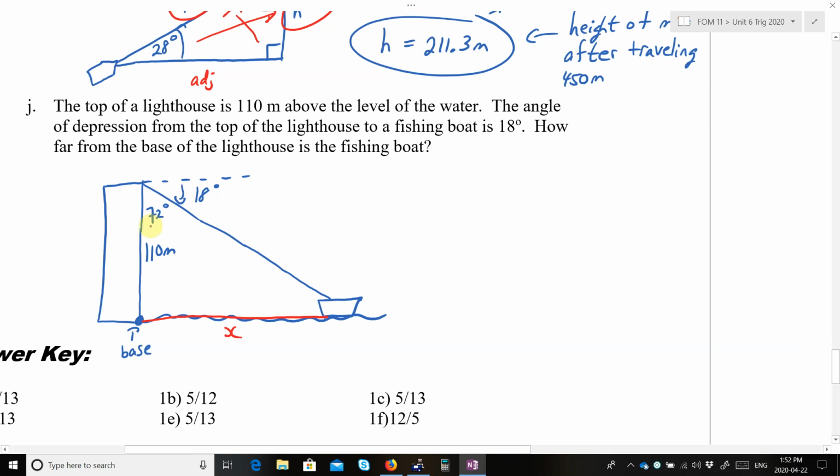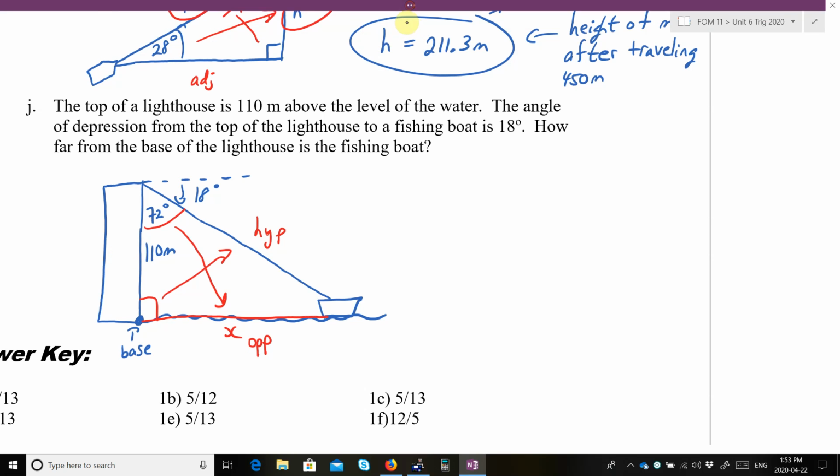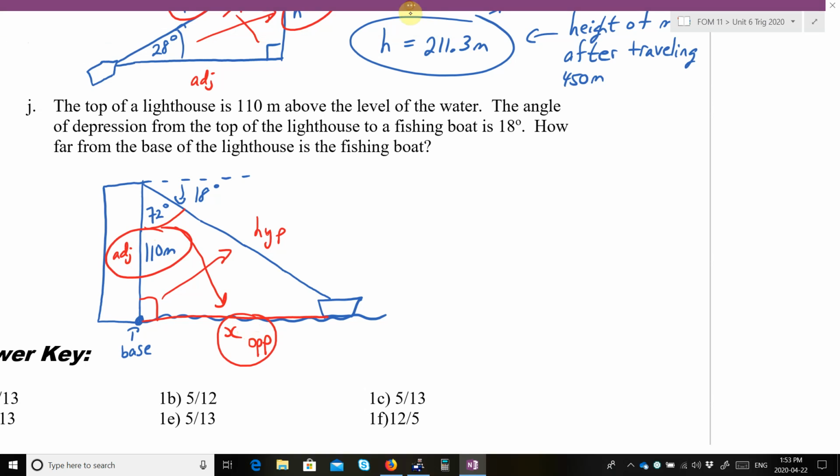Straight across from it is the opposite side. This is where the 90 degrees would be. This is the hypotenuse then. And so the 110 is the adjacent.